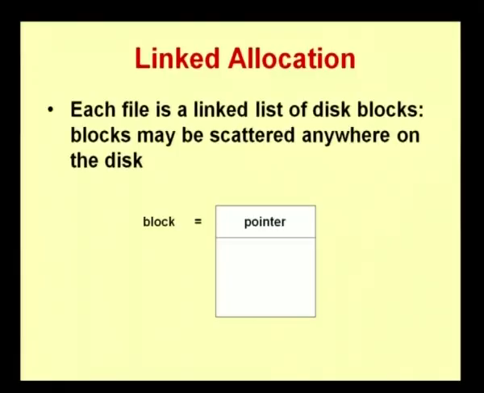So in this linked allocation, how have the files been stored? Each block contains a pointer value. What is a pointer value? This pointer value helps to locate where the contents have been stored in memory.